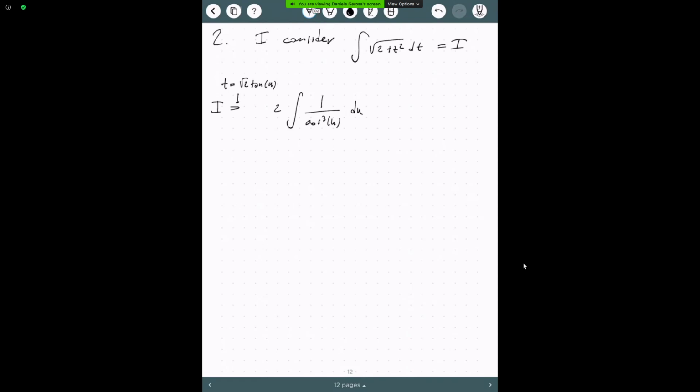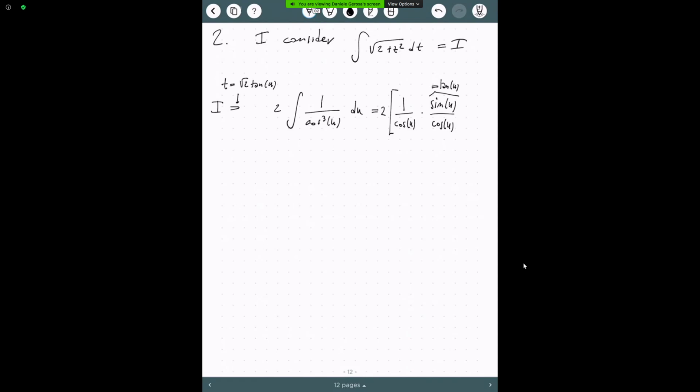Now I need more space. I want to do some surgery here.